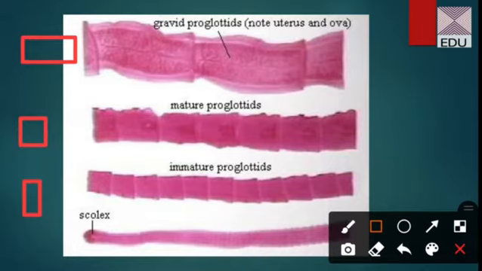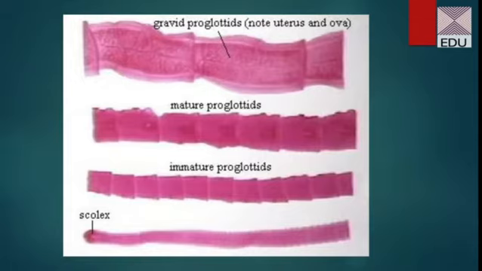So if you see a TAENIA solium, you can very well define that this is an immature proglottid, this is a mature, and this is a gravid proglottid. Now students, we have to go with the mature proglottids. Why mature? Because immatures don't have any kind of reproductive organs, so we don't need to study their internal structures.